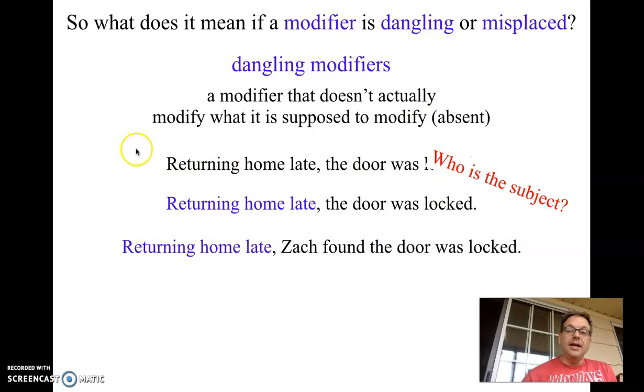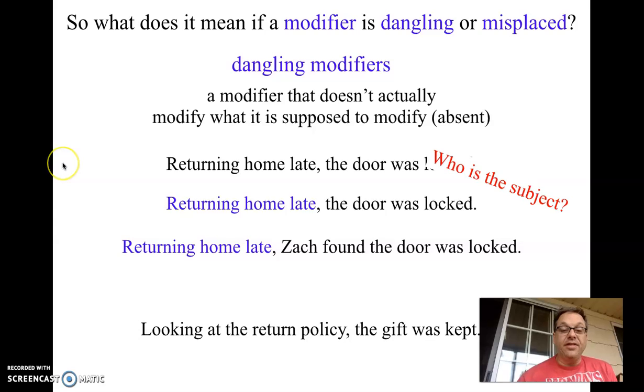So when you're looking at a sentence, you're trying to understand the sentence, either yours or somebody else's, pay special attention to the subject, right? If we didn't have this blue part here, it would be very easy. Here's the subject, the door, here's the verb, was locked, okay? But we do have this part, and we don't have a subject that can go with this modifier.